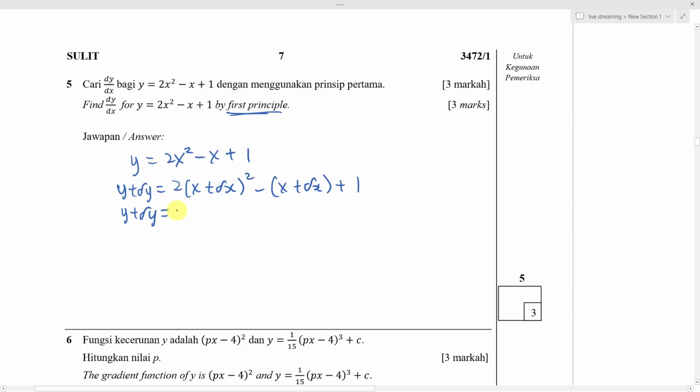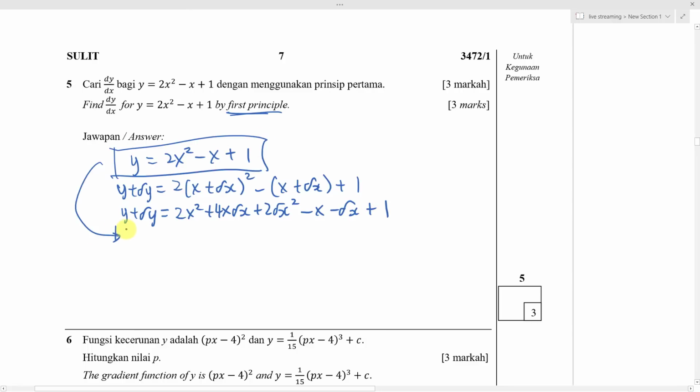Then I expand it. So this one is 2x squared plus 4x change of x plus 2 change of x squared. I expand everything together; if you do it yourself, just do it slowly. Minus x minus change of x plus 1. Then I copy this equation going down here because I want to do some subtraction. So I copy the exactly same equation from the top to the bottom.